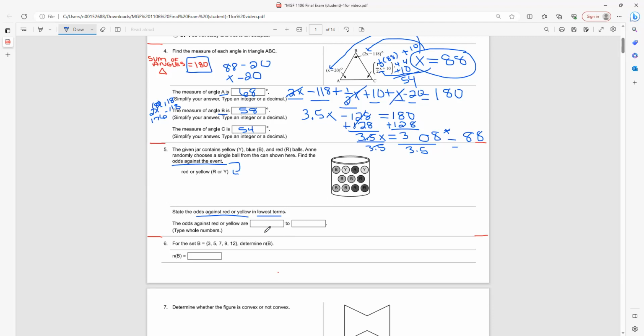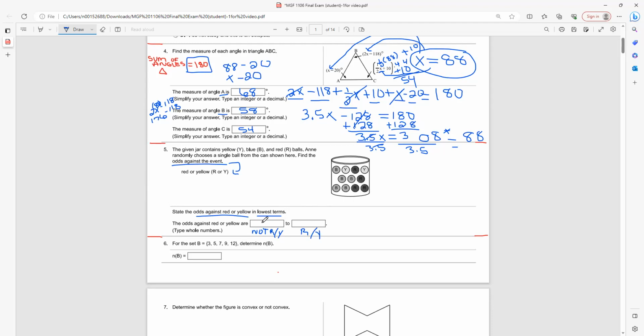All right, so our first box should contain the amount of balls that are not red or yellow. This would be the odds against. The second box would be the number of ways of actually getting red or yellow.